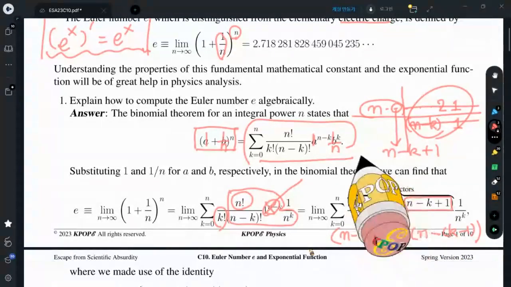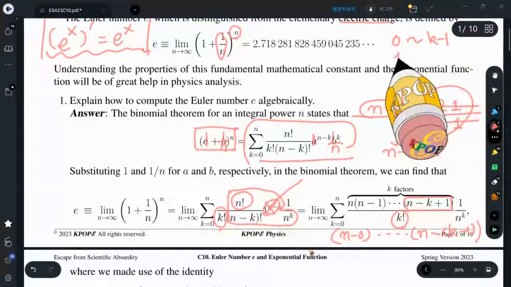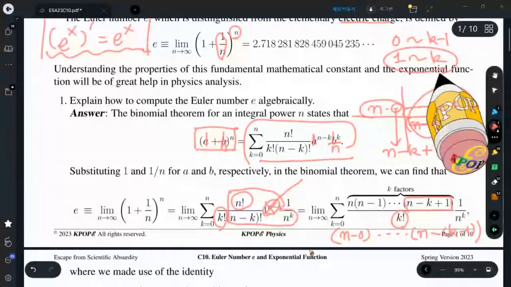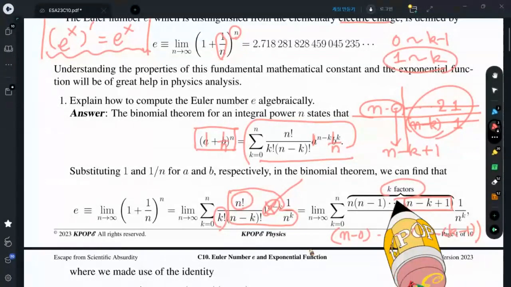So from 0 to k minus 1 is equivalent to from 1 to k. So there are k factors. The counting is trivial. However, we can always make a mistake, so slow down and check it carefully.